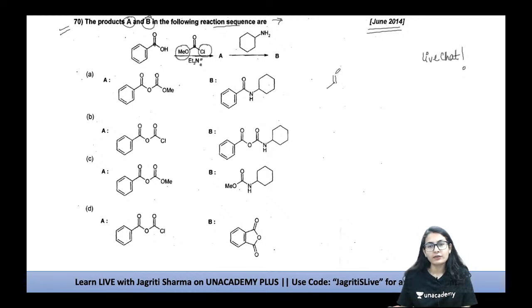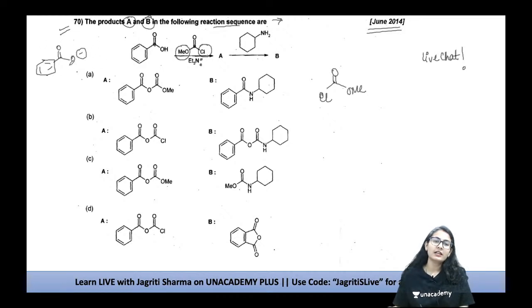So in this kind of question you might get confused: even if the proton is being lost from the carboxylic acid, the triethylamine is a base and there might be an acid-base reaction, and the carboxylate is going to attack over this carbonyl carbon, the bond opens up, falls back. Now who is going to leave? The chlorine is leaving or the methoxy is leaving? Yes, who is leaving guys?